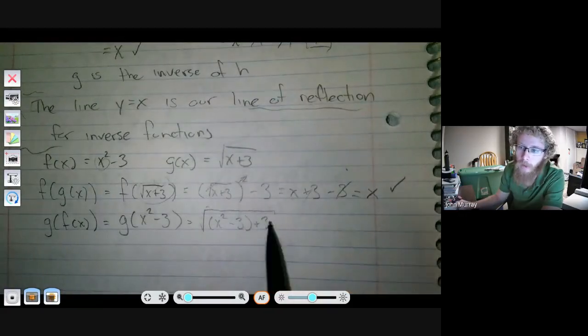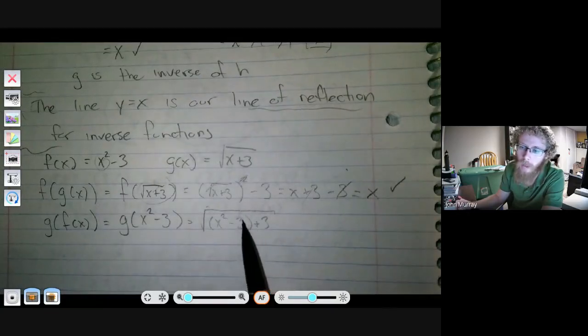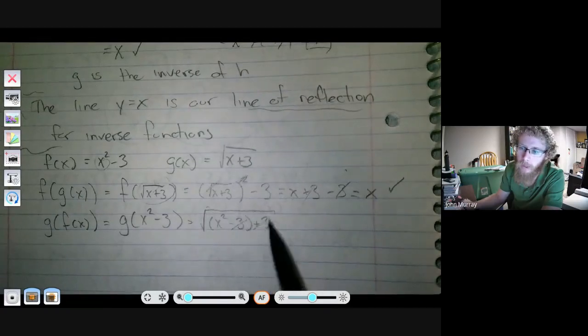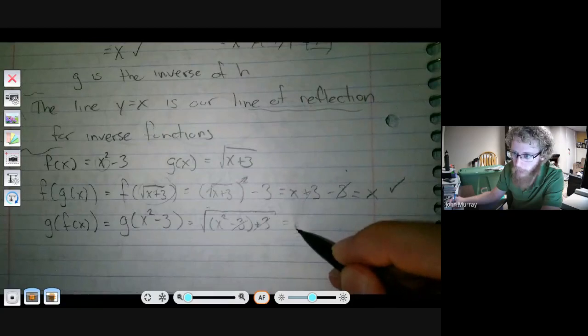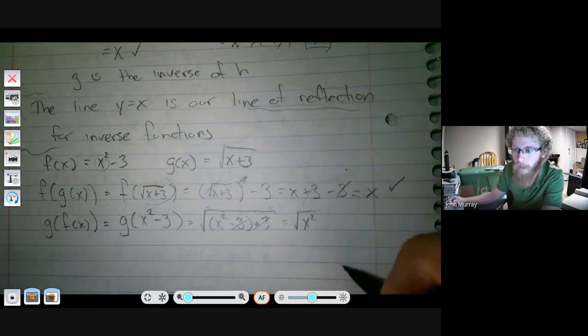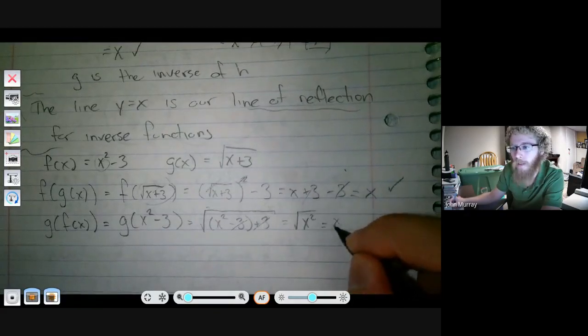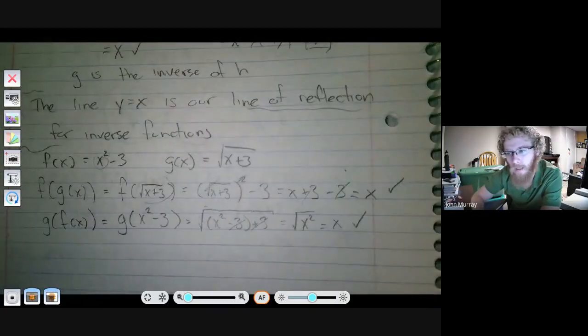Because these are both underneath, and this is just addition, I can drop the parentheses, and minus 3 plus 3 gets me 0. So I'm left with the square root of x squared. So that does equal x.